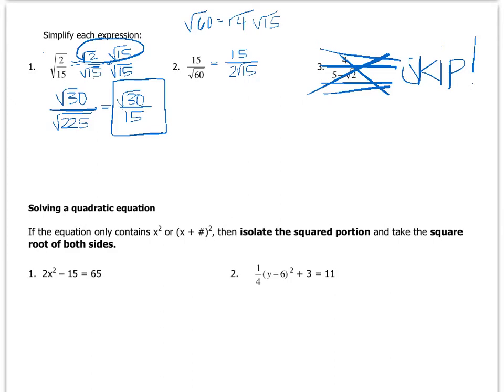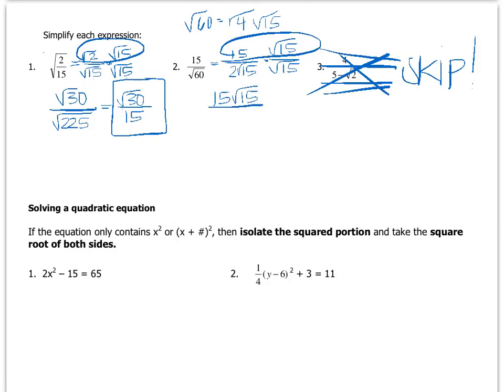Okay? So here's what happens. I still have a square root on the denominator, so I'm going to multiply top and bottom only by the square root. 15 times the square root of 15 is just 15 times the square root of 15. I cannot combine those because they're not both in a square root.